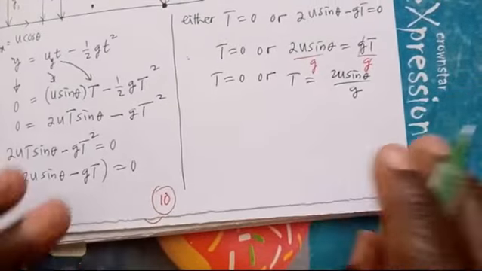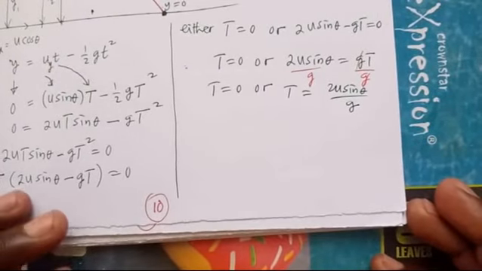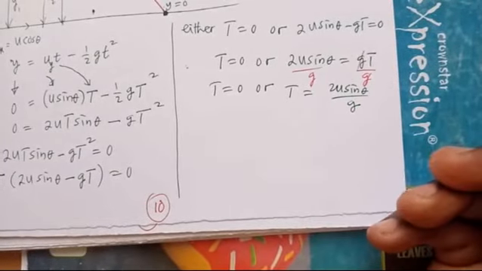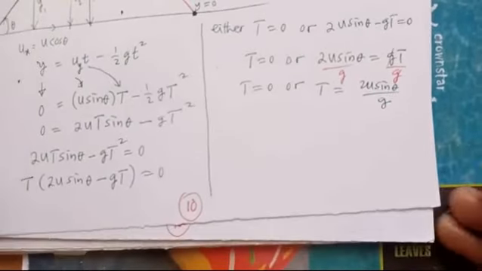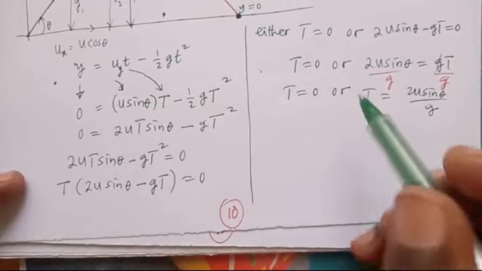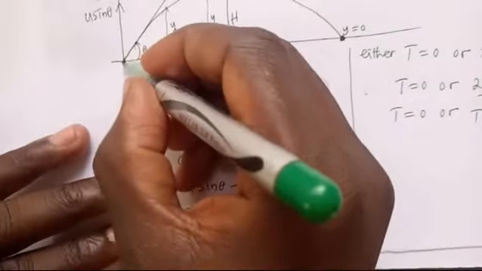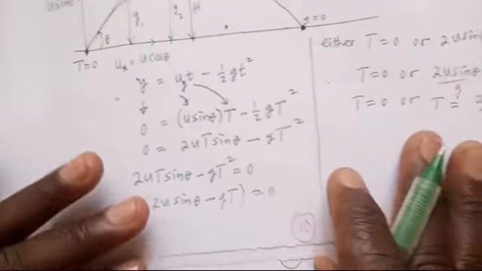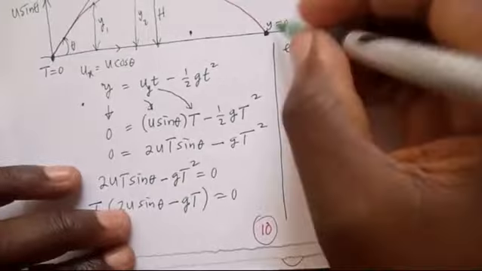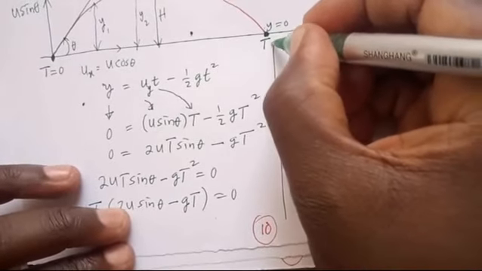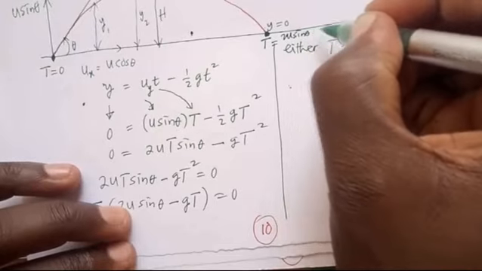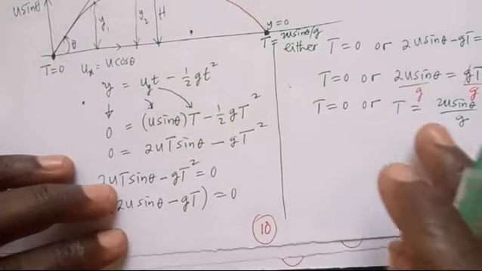So clearly we have two results. T is equal to 0, and T is also 2u sine theta over g. Which one is our time of flight? The explanation given by physicists is that T is equal to 0 is here at the beginning, just before you start timing. But after it has completed the journey, here you have T is equal to 2u sine theta over g, and this is your time of flight.